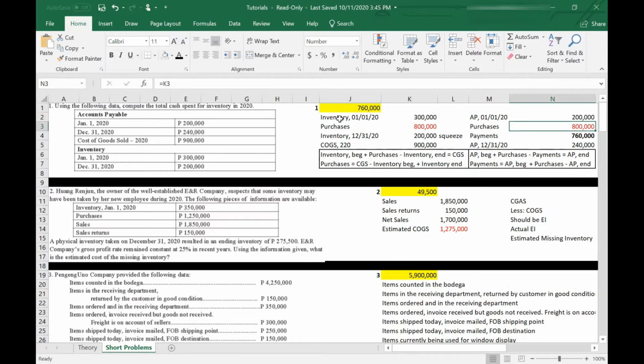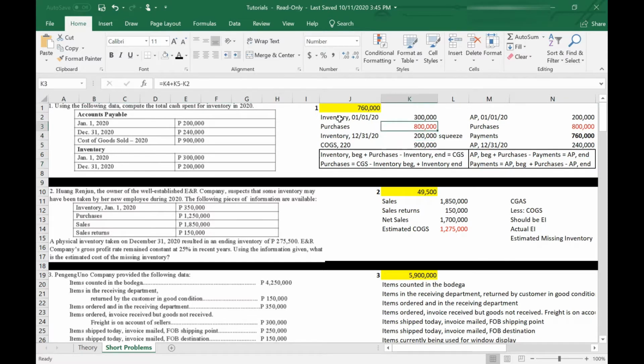If your ending accounts payable was 240,000, it means that you paid 760,000 pesos. Why? Because for you to get payments, the equation that you'll use is accounts payable beginning plus purchases minus accounts payable ending. That would amount to your payments. So for number one, the answer would be 760,000 pesos.